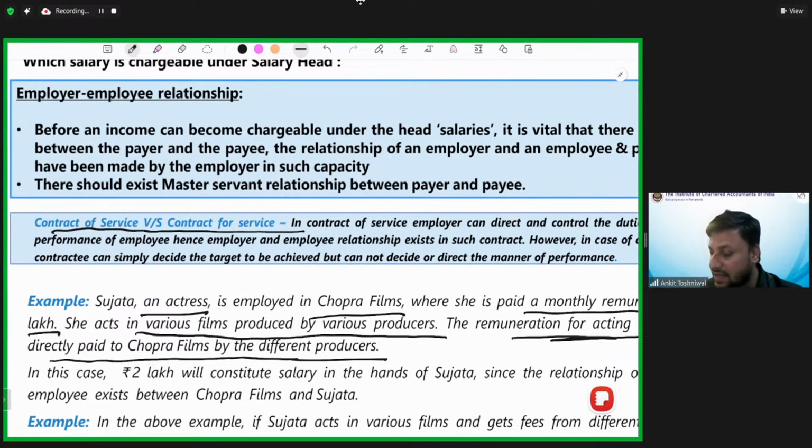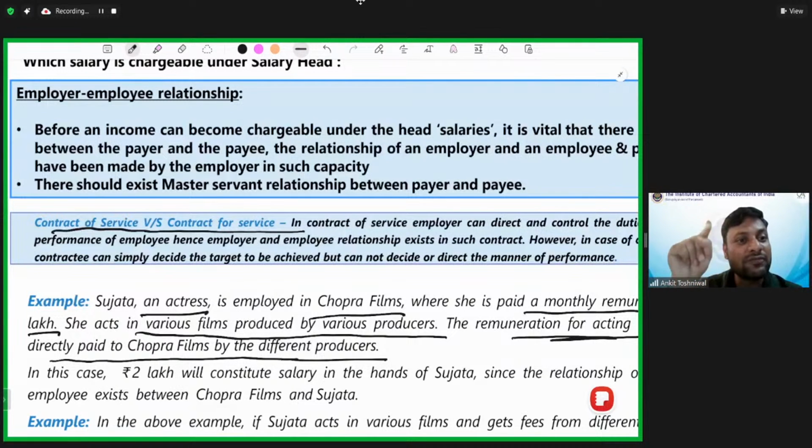For example, in this case, Sujata is an actress employed by Chopra Films, and she is getting 2 lakh from Chopra. So there is a master-servant relationship because there is a contract of service. She is working under Chopra Films because when she acts for other films, the remuneration from those films is received by Chopra Films, not by Sujata.